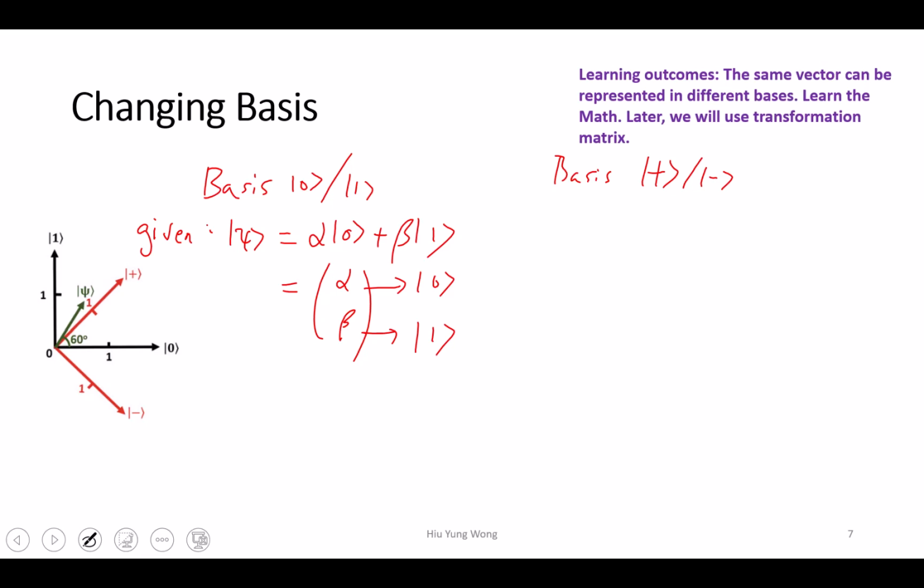This is not difficult. What is 0 in terms of plus and minus? Just by geometry, I go down by 90 degrees, and you can prove to yourself that 0 is equal to 1 over square root 2 times plus plus minus.